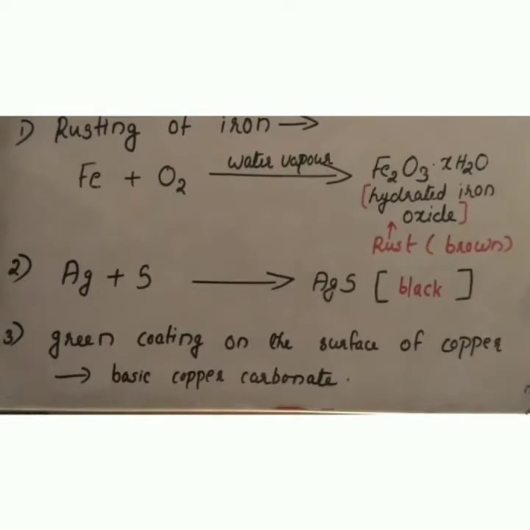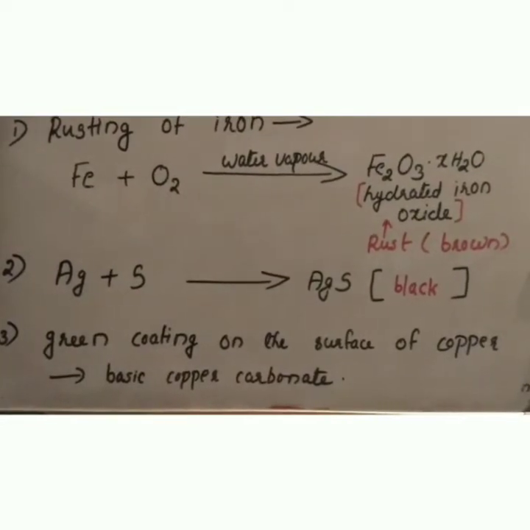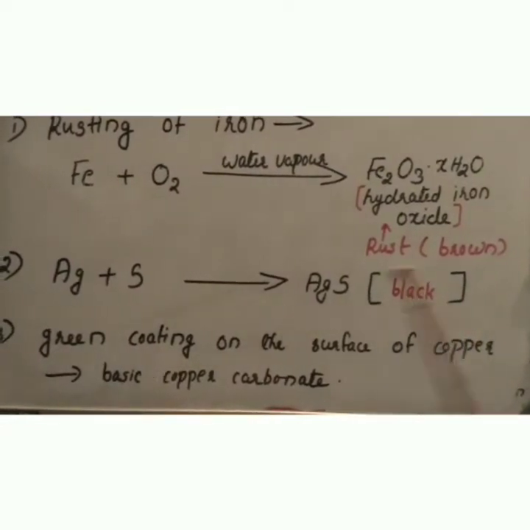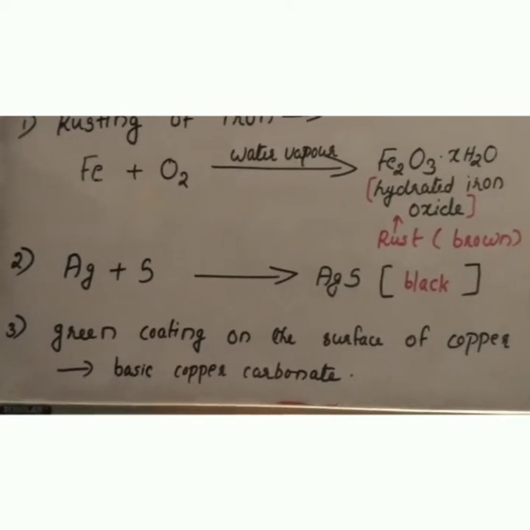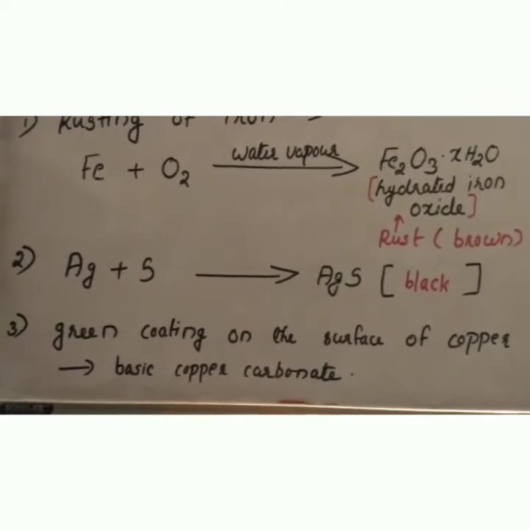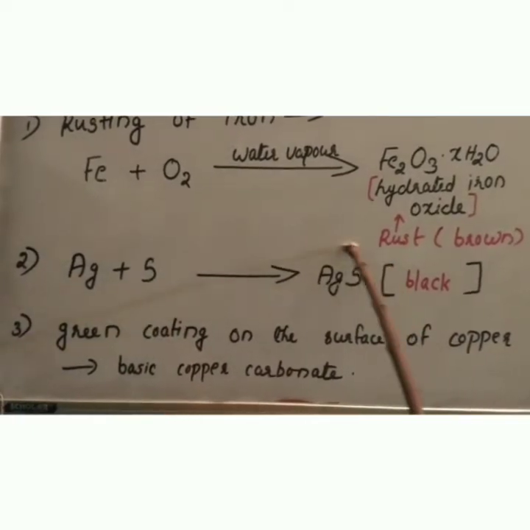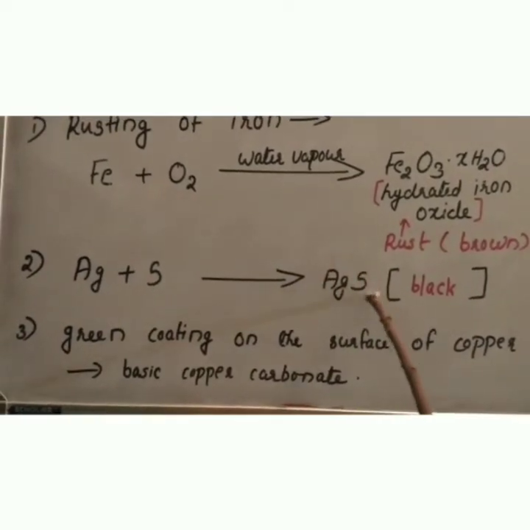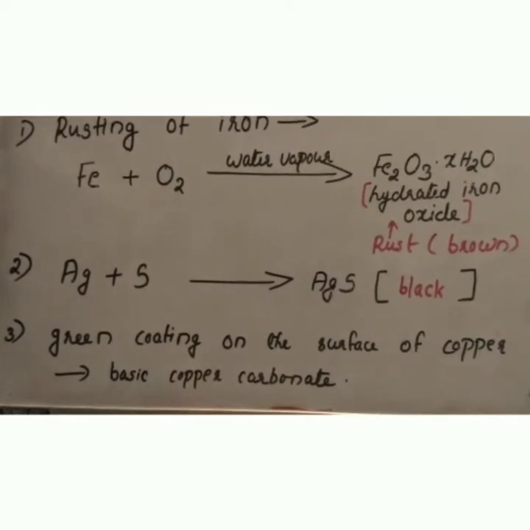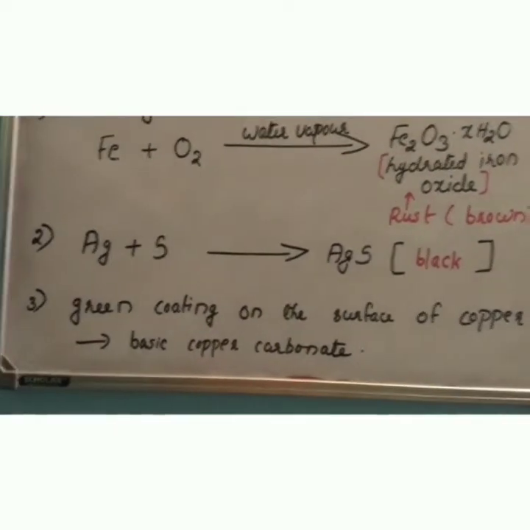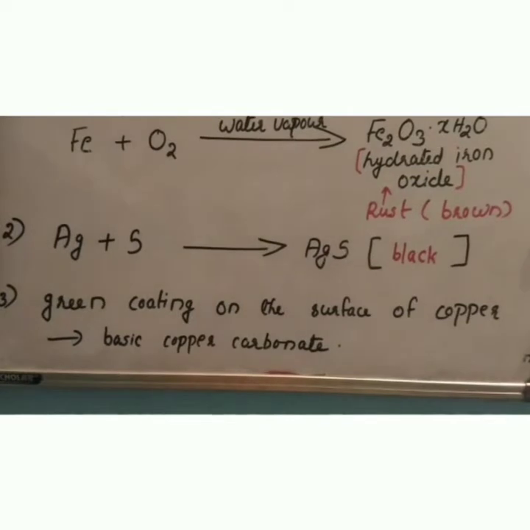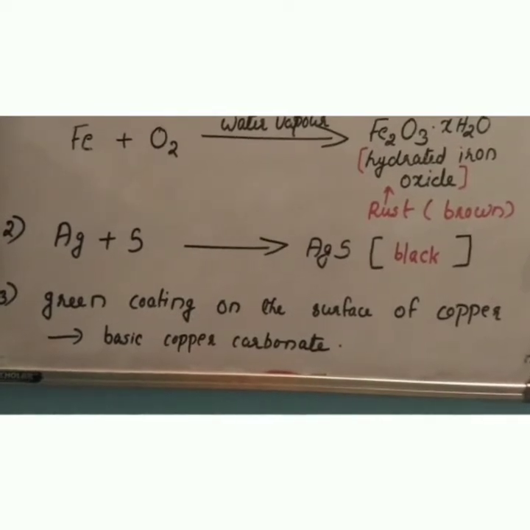Second example. A black colored coating formed on the surface of silver. This is formed by reaction of silver with sulfur to form silver sulphide. This is the black colored coating on the surface of silver. Next, green coating formed on the surface of copper.